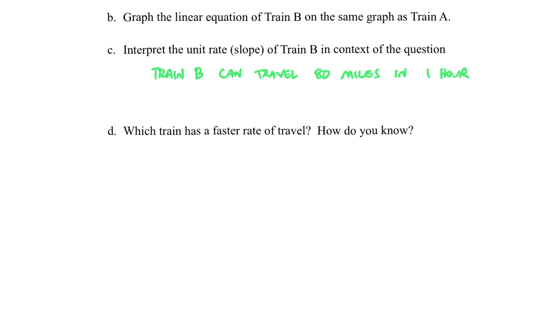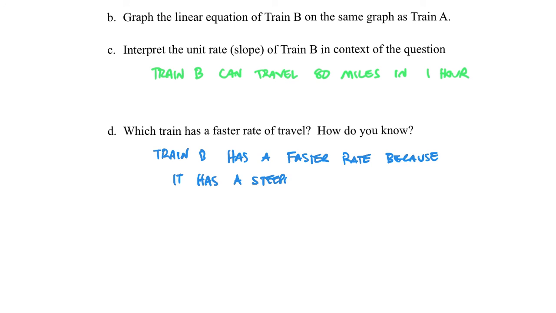So in this case, train B has a faster rate because it has a steeper graph. And that's that. Word problems.